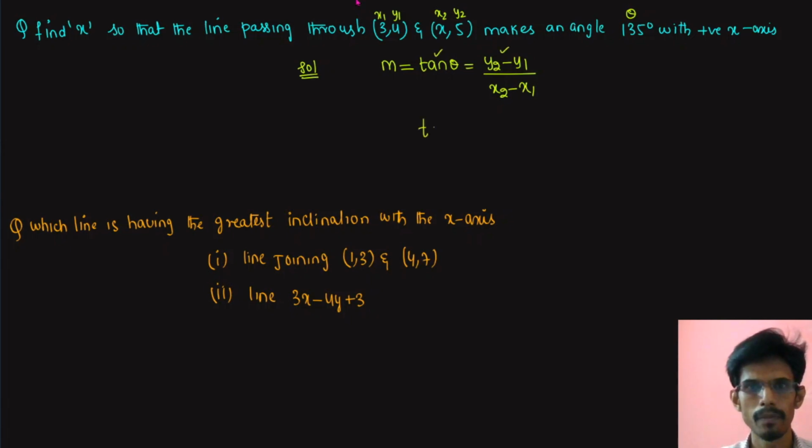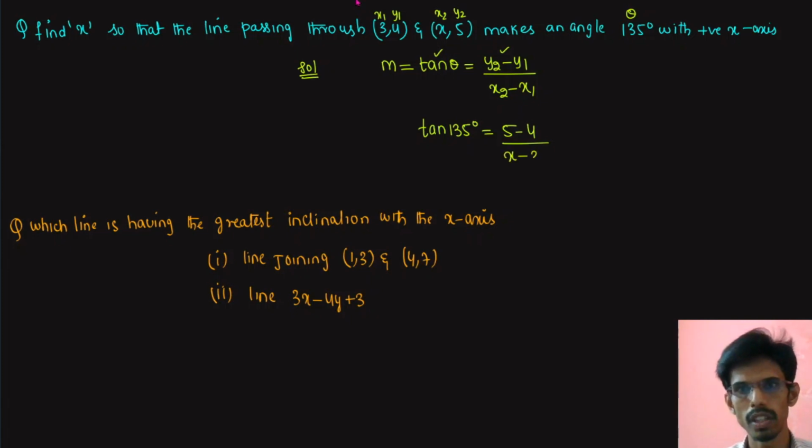Now I am using these. So tan, we have theta as 135 degrees, equals y2 minus y1, the difference of y coordinates, 5 minus 4, by the difference of x coordinates, x minus 3. Tan 135 value, we know that it is minus 1. So 5 minus 4 will be 1, by x minus 3.